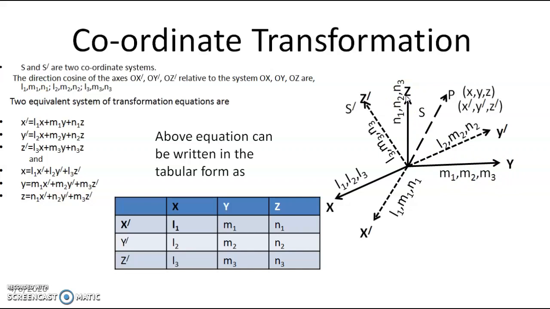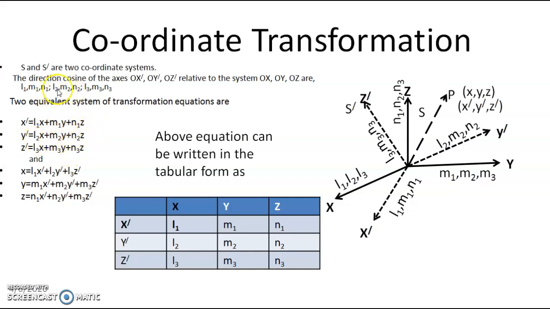Okay. And then we have x dash, y dash, z dash as given by this equation, L1x plus M1y plus N1z. Similarly, y dash and z dash can be obtained like this.